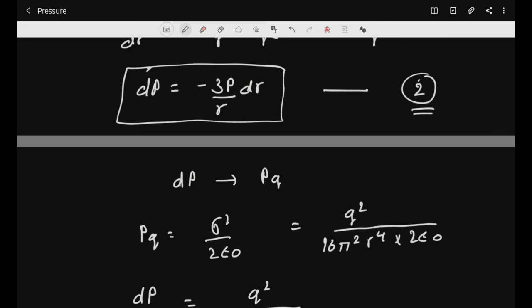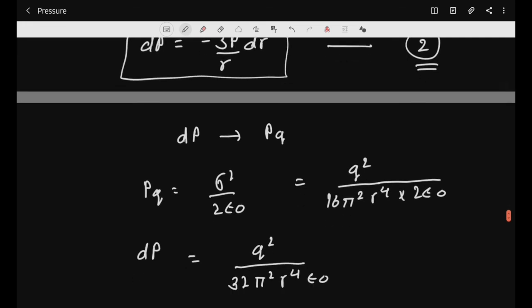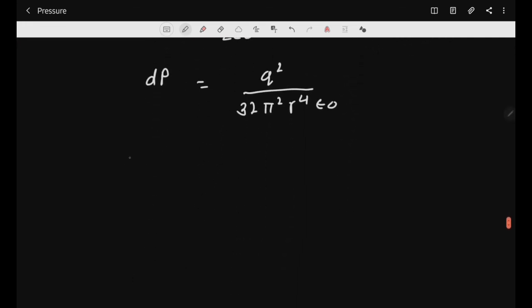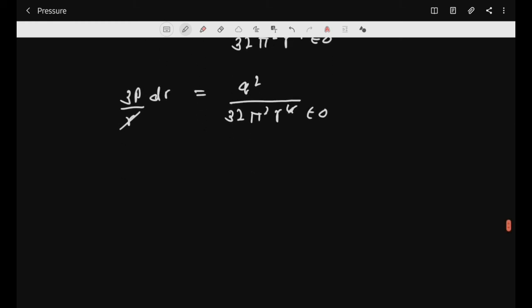So let us substitute that: 3p by r into dr. So dp, which is 3p divided by r into dr, is equal to q square divided by 32 pi square r raised to 4 into epsilon naught. We can cancel this r with one power of r on the other side, and we will get an equation for dr, which is the change in the radius.